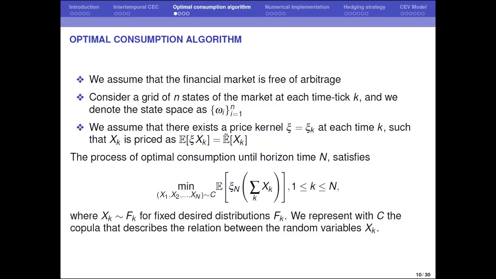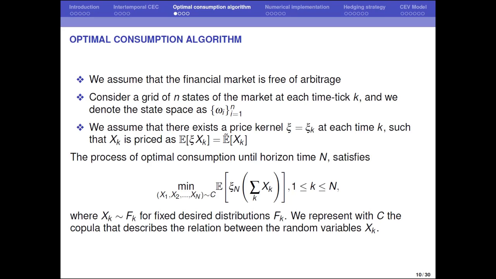And well, having this, we construct the optimal consumption algorithm, in which we assume that the financial market is free of arbitrage. We consider a small number n of states of the market, and at each time t_k, the state prices of omega i from i equal to 1 to n.